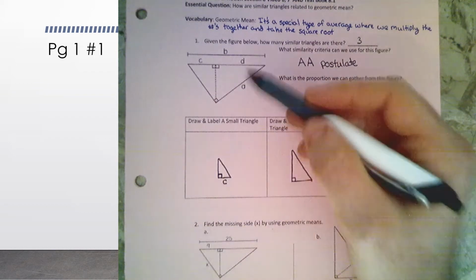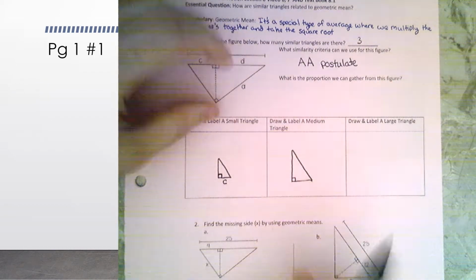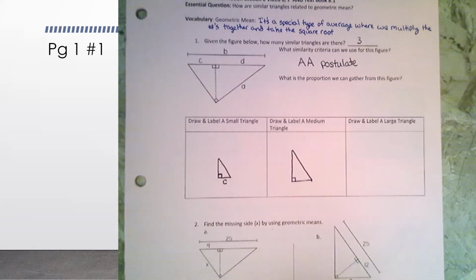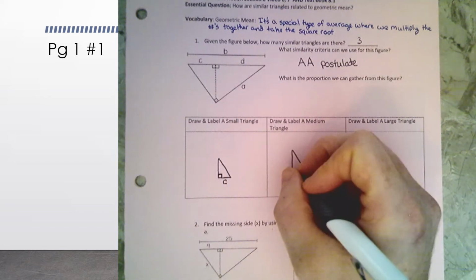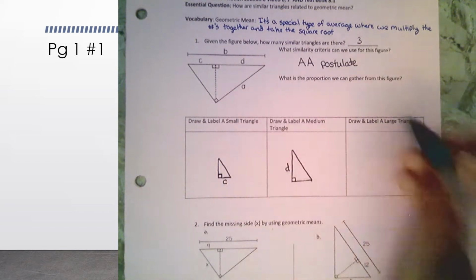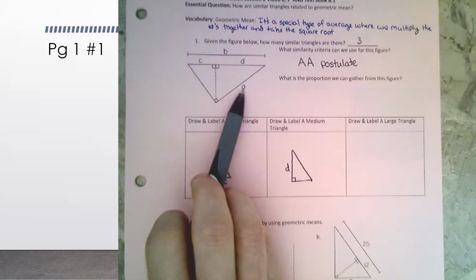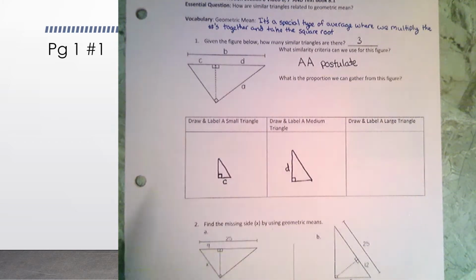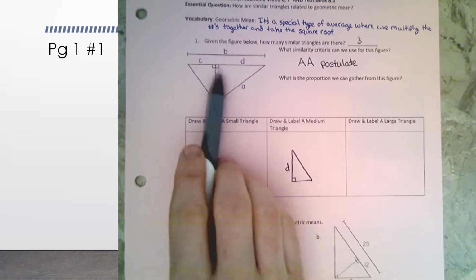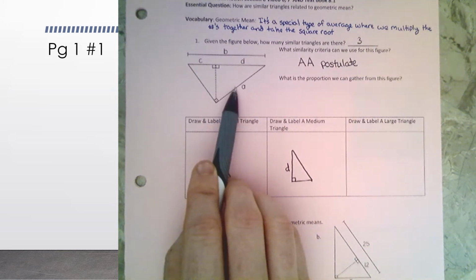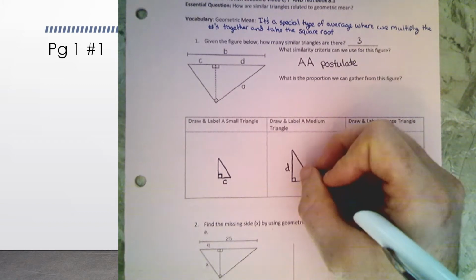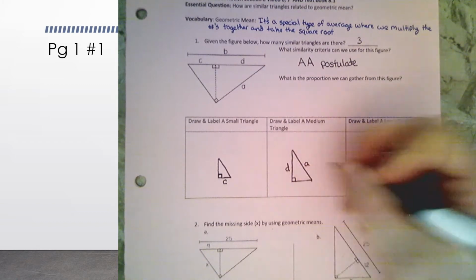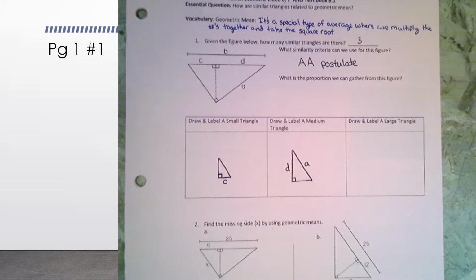Now, when I look at the medium-sized one, if I were to rotate it to the left, my long side would be D, so I'm going to have D over here, and then my hypotenuse would be A. Now, I know it's the hypotenuse because it's directly across from the right angle. So directly across would be my hypotenuse, and we said for the medium-sized triangle, that's where it would be.